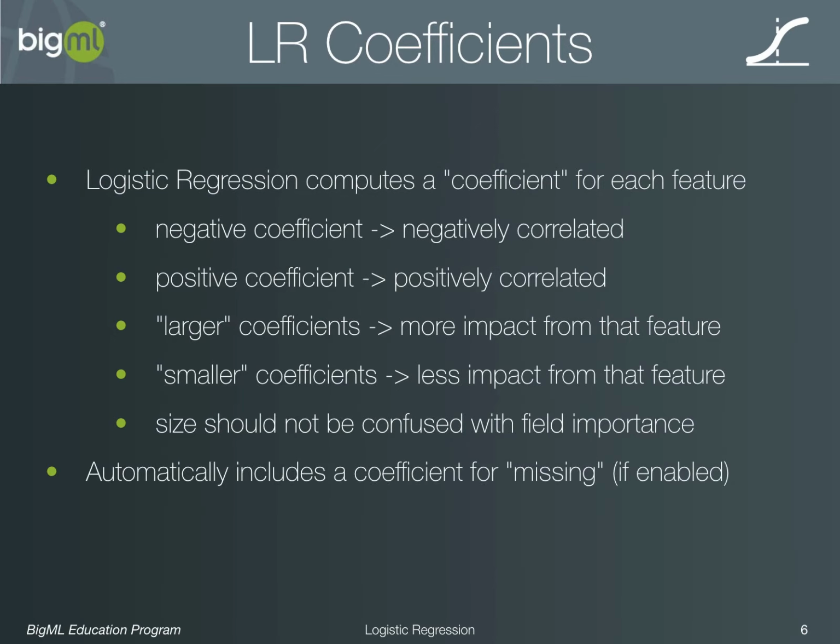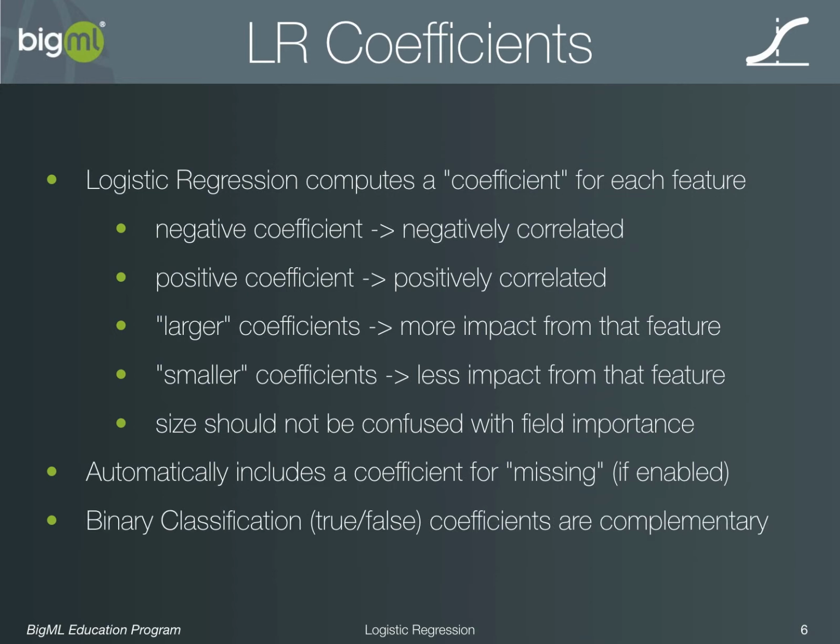BigML will also create a coefficient for missing values, if any exist, and the feature to do so is enabled, which we will discuss on the next slide. And finally, for a binary classification, like true-false, the coefficients will always be complementary, since the probabilities must add up to 1. So let's return to that diabetes example and see the coefficients that were computed.